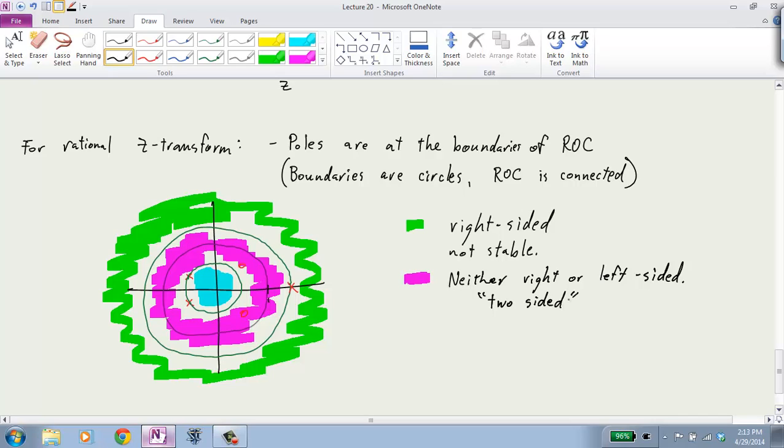Okay, and is it stable? Yes. Is stable. All right, and lastly we have this blue one, which is left-sided and not stable. So three possible signals could have this rational function as its Z transform.